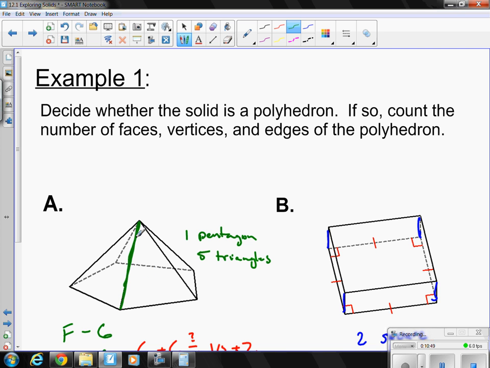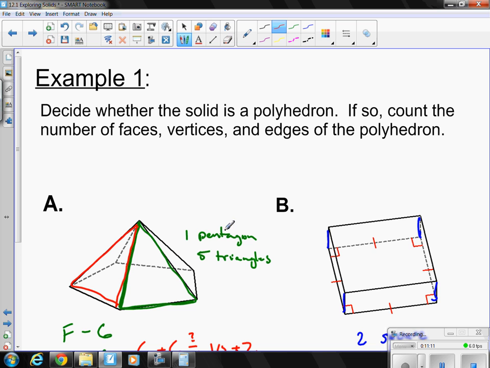And notice, an edge is always shared by 2 polygons. So if I know, like a triangle here, a triangle is going to have 3 edges. It's got 3 edges, but notice each triangle, they're overlapping. So this edge is shared by 2 triangles.